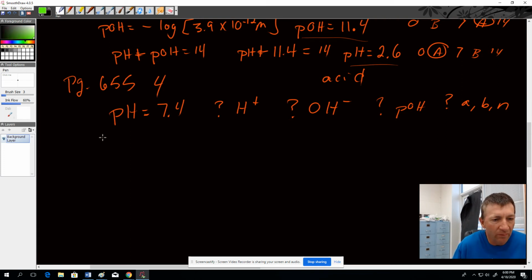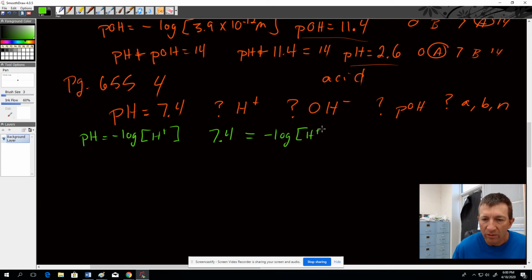It's the same formula we just used: pH equals negative log of the ion concentration of H plus. This time it has the pH, so we've got 7.4 equals negative log of the H plus concentration.